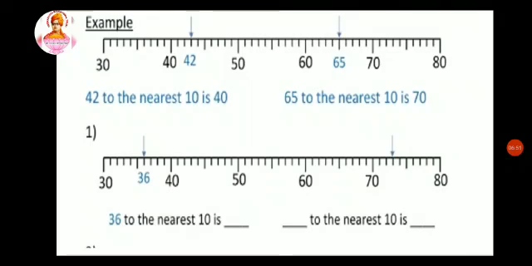So I am going to round the number 42 to the nearest ten. 42 will come between 40 and 50. So I check the ones place value. If it is equal to 5 or greater than 5, the value will move towards the right side. That means it will turn into 50. If the ones place value is less than 5, then 42 will turn into 40.